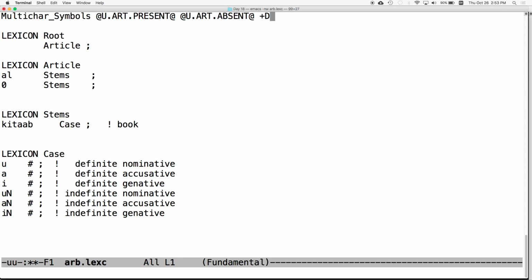Okay. Well, as opposed to brackets. Okay, so plus def. Somebody pull up Leipzig for me. And let's get definite and indefinite and nominative, accusative, and genitive. Okay, and definite, is it DEF? Okay. What about nominative?